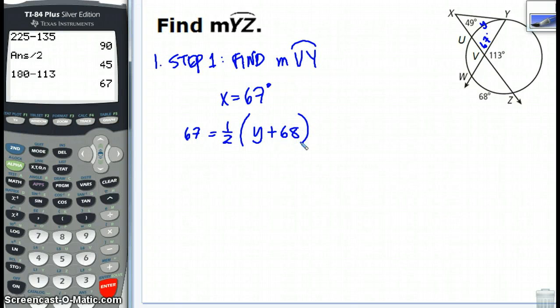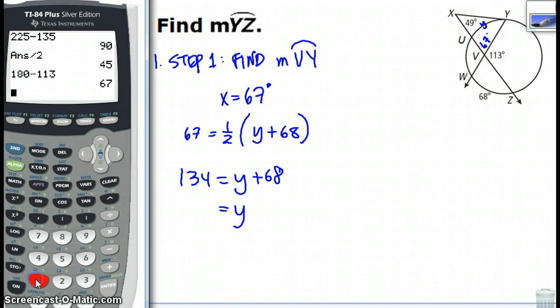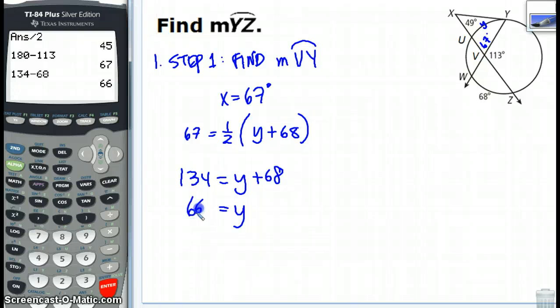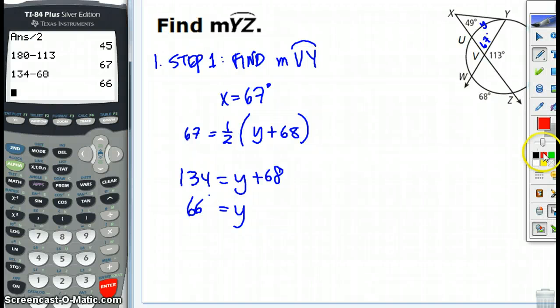And as we did before, I want to get rid of that. So 67 times 2 is about 134. Therefore, y, and I'm going to use the calculator on this because I tend to make mistakes when I'm doing these videos, so I'd rather use the calculator. 66. Does that make some sense? It does. So this intercepted arc is indeed 66 degrees. This right here.